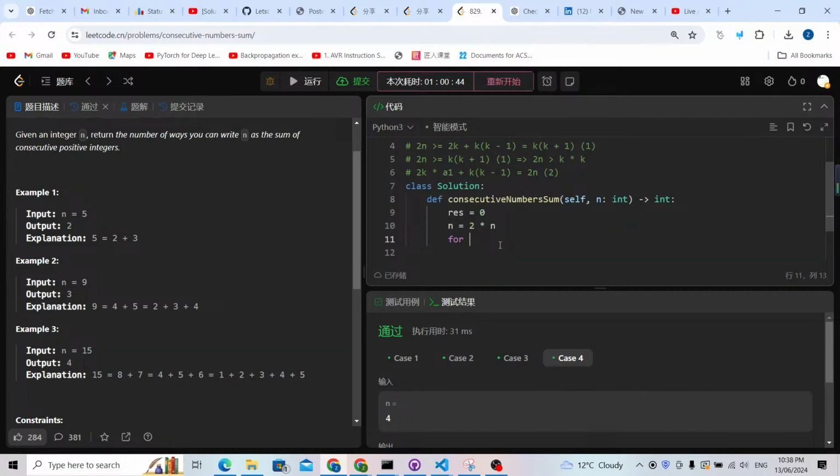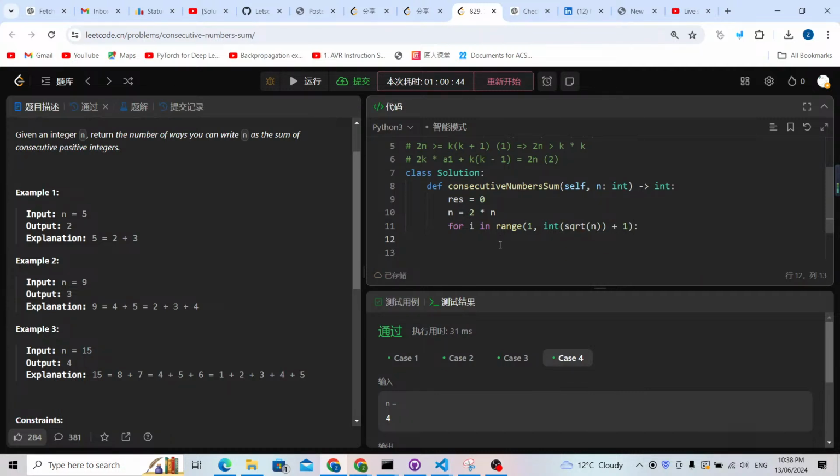So for i in range from 1 to integer square root of n plus 1, I need to check this number. If n modular, let me set it to be k.